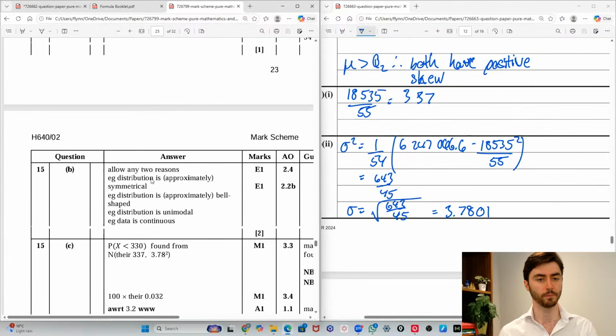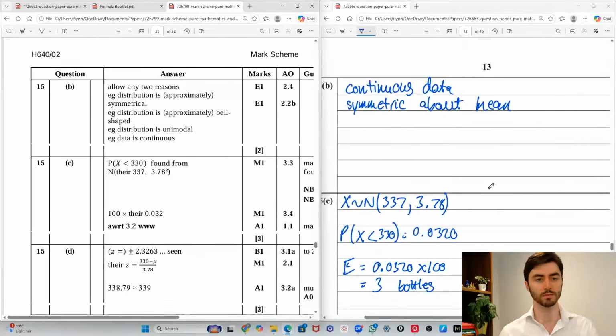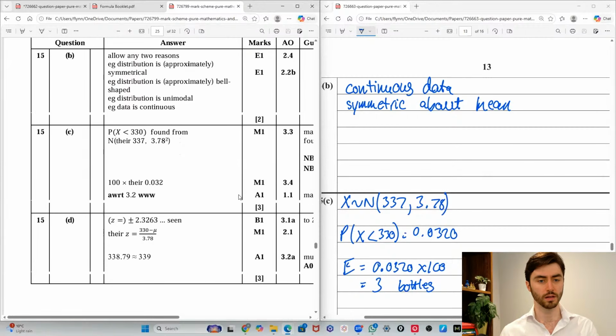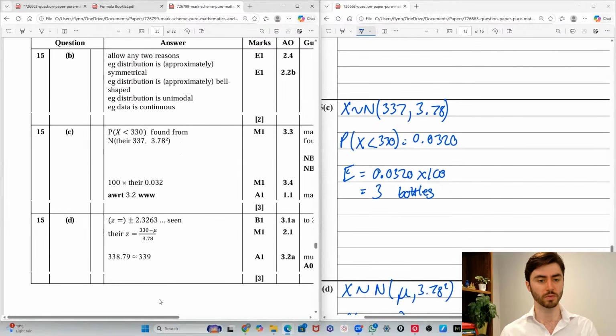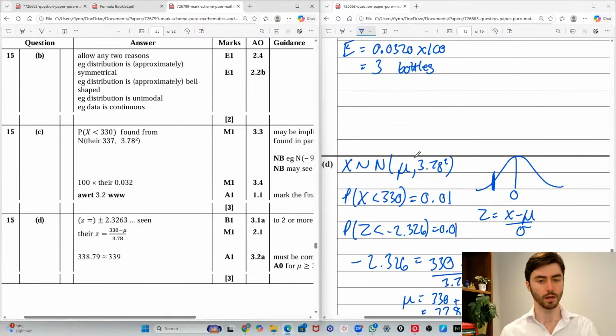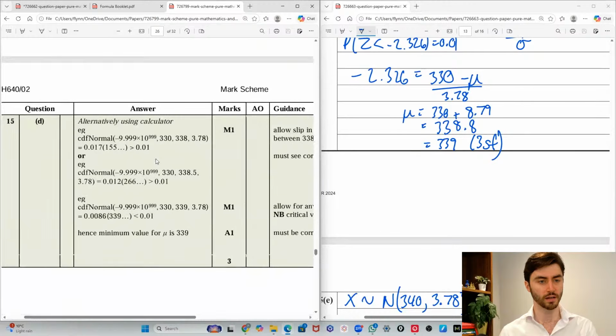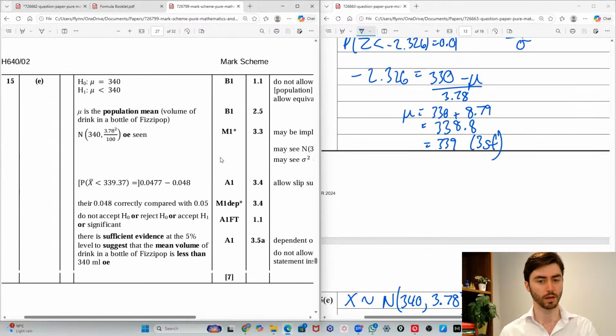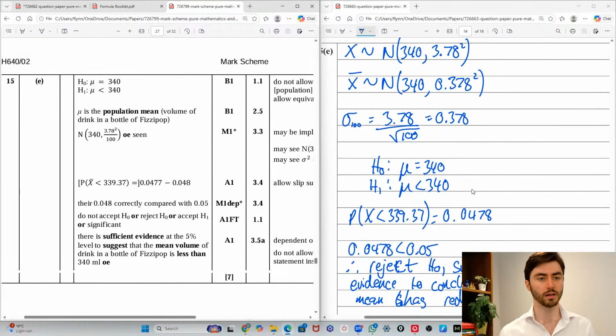337, got that. Symmetrical, continuous, good. 3 bottles, but I would have got that. Yeah. So 339. And then here, again, okay, so this is something I've got to tighten up when I'm doing my hypothesis testing.